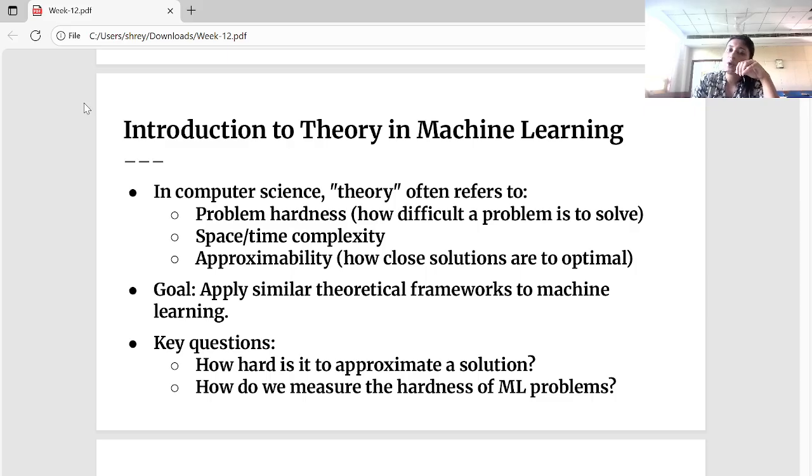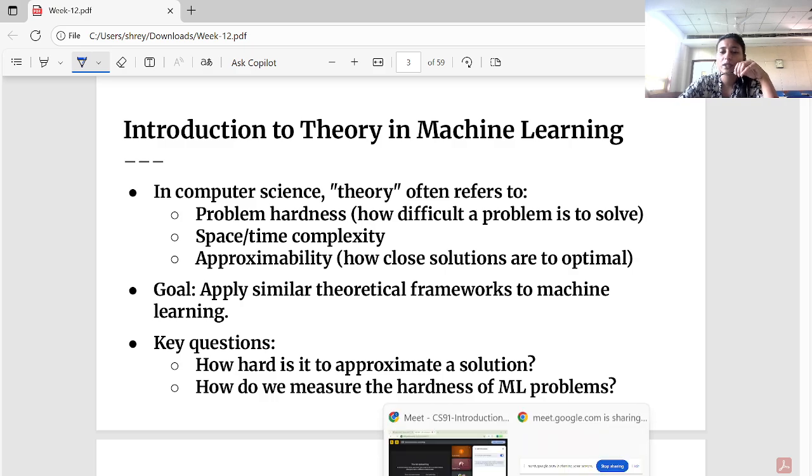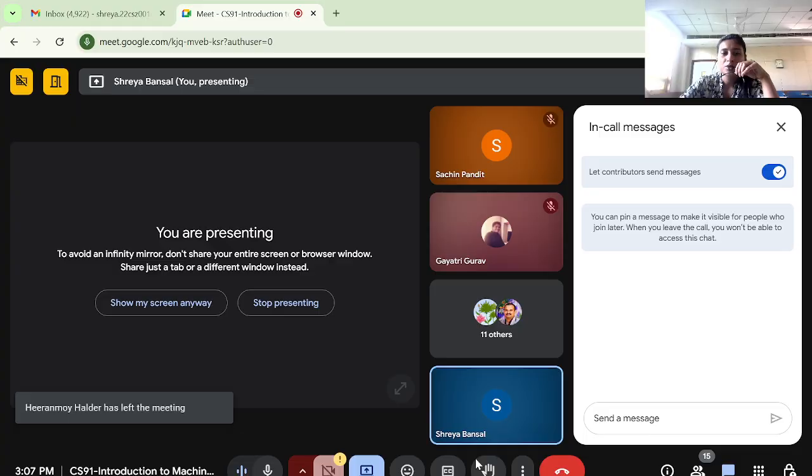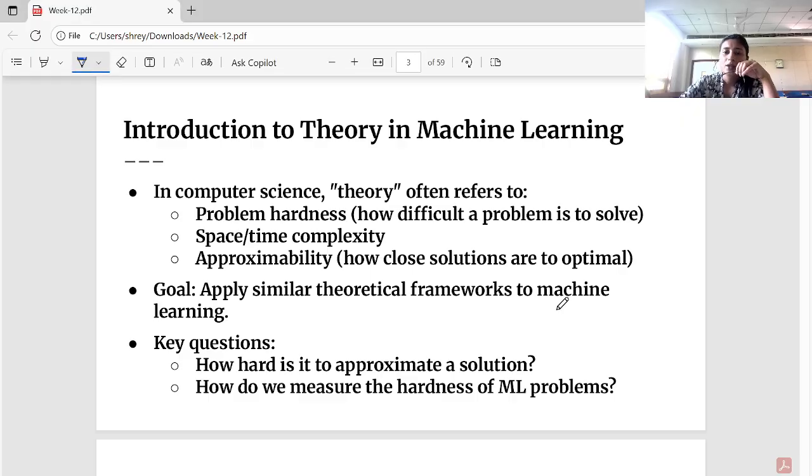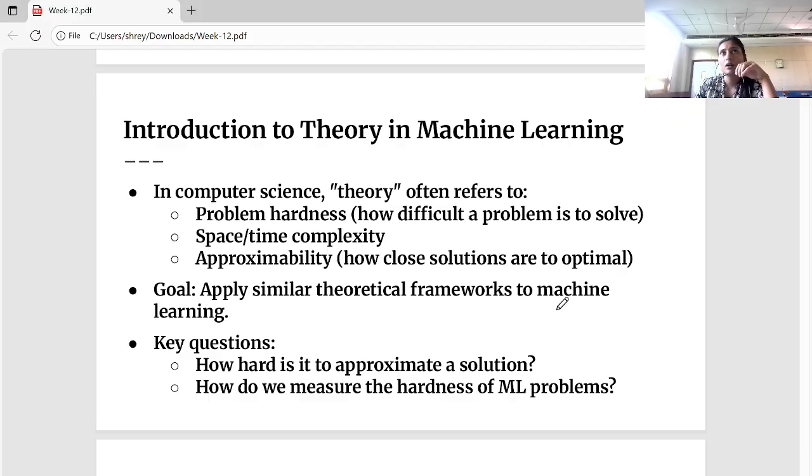The last thing is approximability. Approximability means how close solutions are to optimal. Basically, in our first class I told you the concept of distributions. Distributions means data.